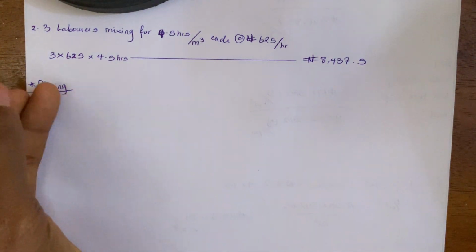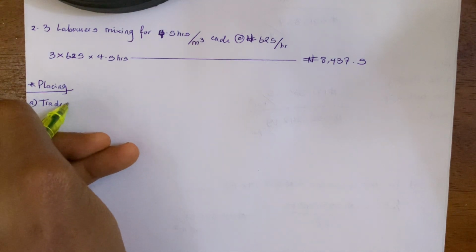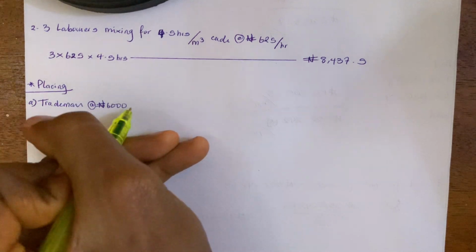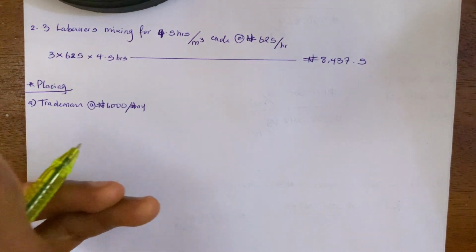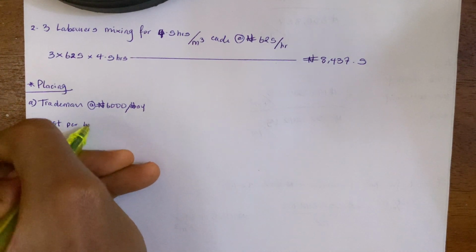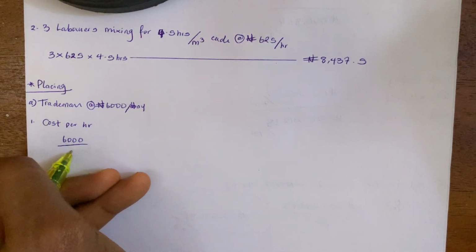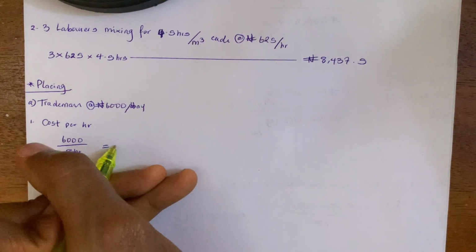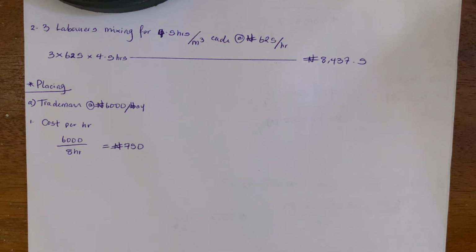So for the tradesman, first we need to know the cost per hour, which is 6,000 divided by 8 working hours, which should now be equals to 750 naira per hour.